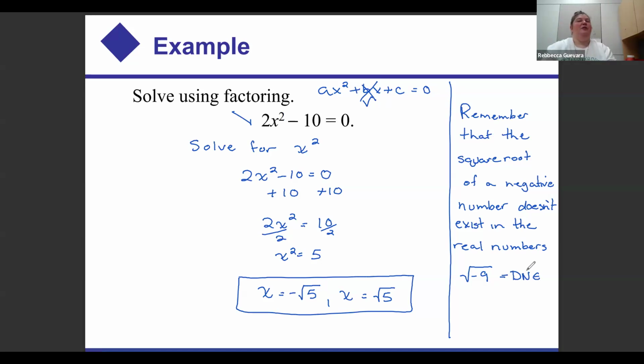So we're saying as long as I'm in the real numbers, if I try to do the square root of -9, it doesn't exist because I need two numbers that are the same that I can multiply, because right, we're squaring it. And we already saw that the squaring is just going to result in a positive 9. I can't make it be a -9, as long as we stay in the real numbers.